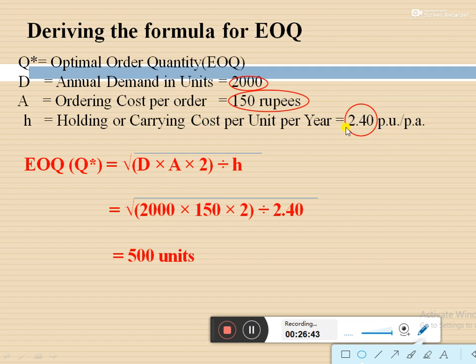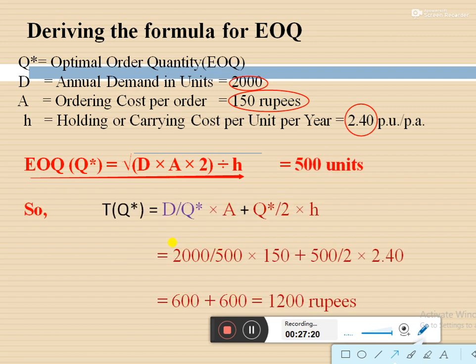So we need to simply apply the formula of economic order quantity that is expressed here. We have the information of all the variables of this formula. D is equal to 2000, A is equal to 150, and H is equal to 2.40. After putting all the given values in this formula, we would get the economic order quantity equal to 500 units.